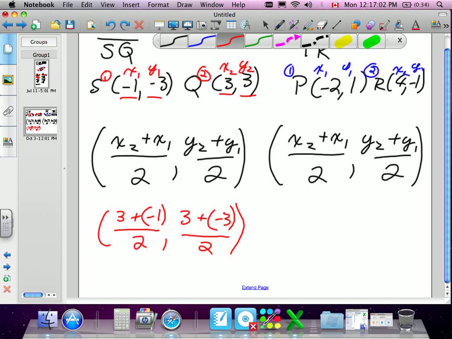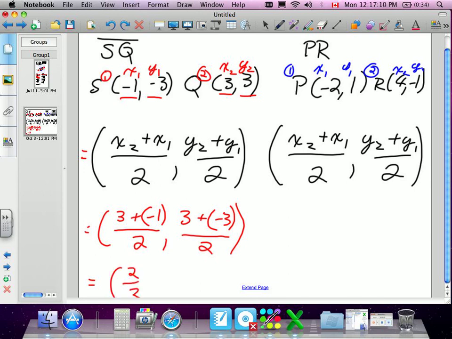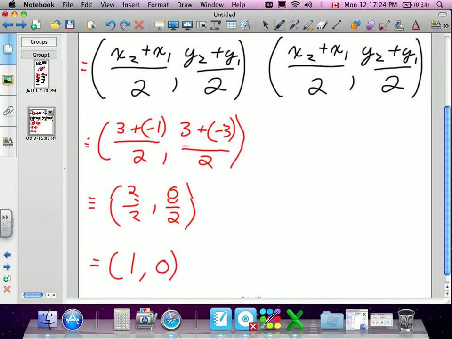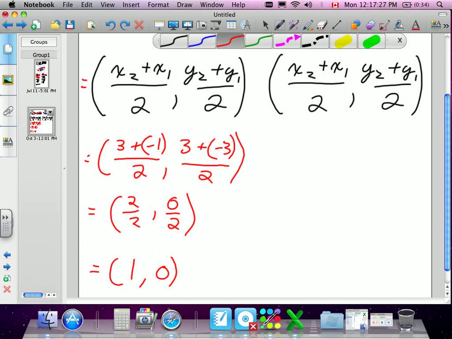Our other coordinate, actually we'll just keep going, we'll solve one at a time. So, our midpoint of the first one, 3 plus negative 1 gives us 2, divided by 2. And 3 plus negative 3 is 0, divided by 2. So the coordinate of this, 2 divided by 2 is 1. 0 divided by 2 is 0. Okay? So our other midpoint needs to be the same.